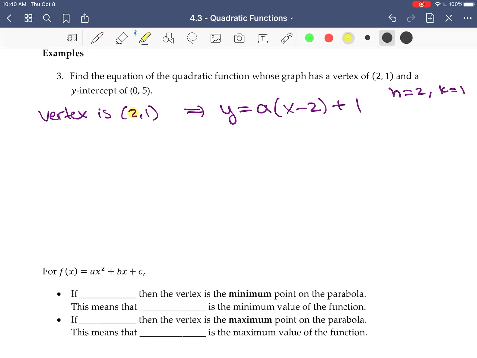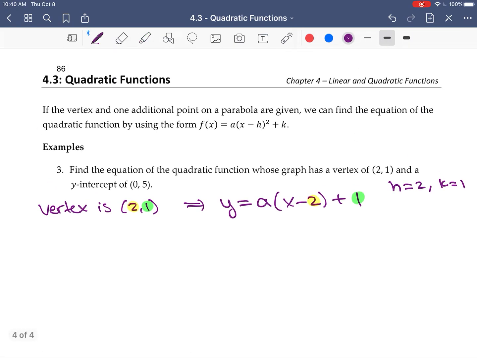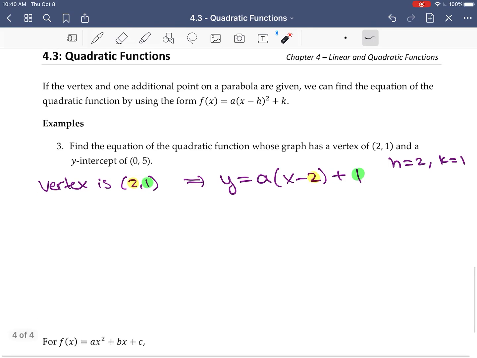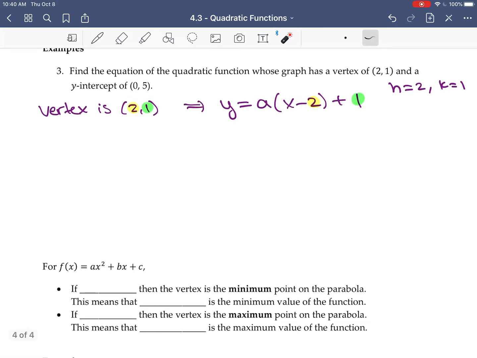The 2 is the x value that goes there, and the 1 is what goes there. I know h and k because that's the x coordinate and the y coordinate of the vertex. Now what I want to do is use the extra point to figure out what a is.